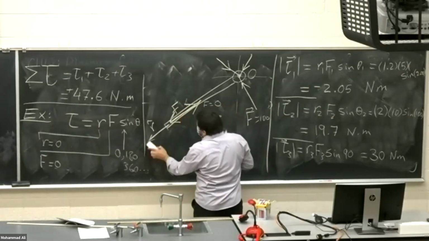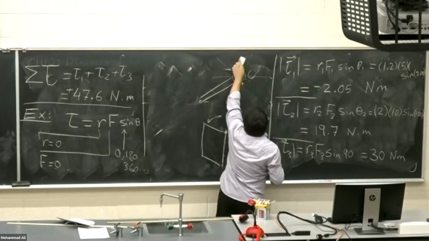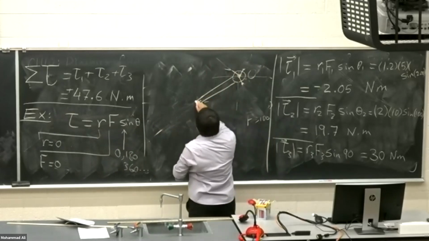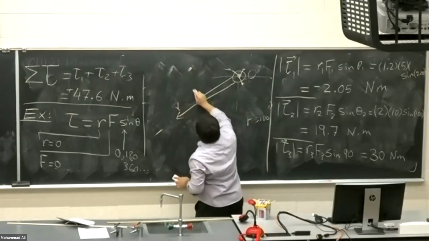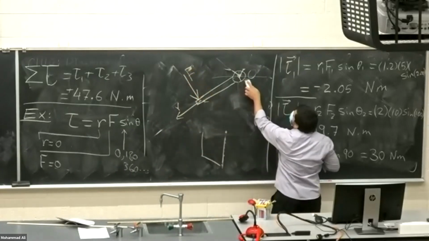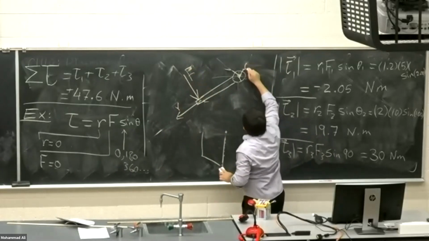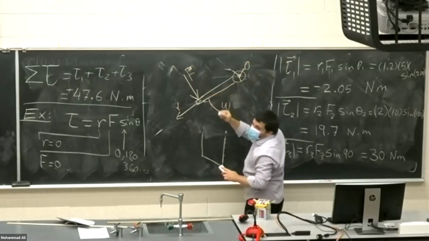Now, if we have this rotated stick about the origin, and we have, this is R, and this is F. You know that the rotation about O will be in this direction. This is omega, the rotation.